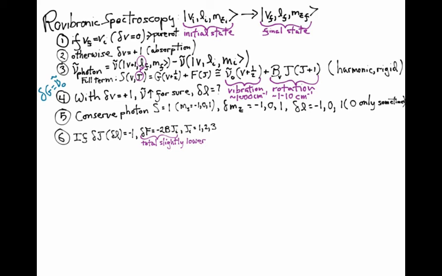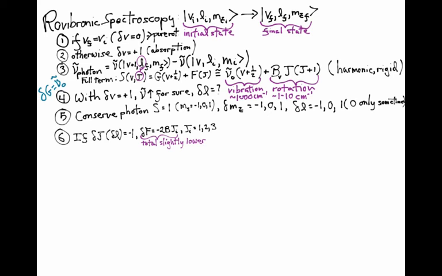And the total energy is going to be slightly lower than the vibrational constant wave number twiddle nu 0. So it goes down a little bit by 2b times the initial J value, the initial angular momentum quantum number.